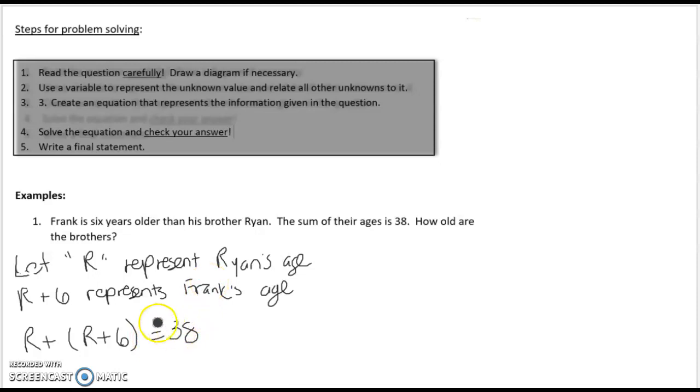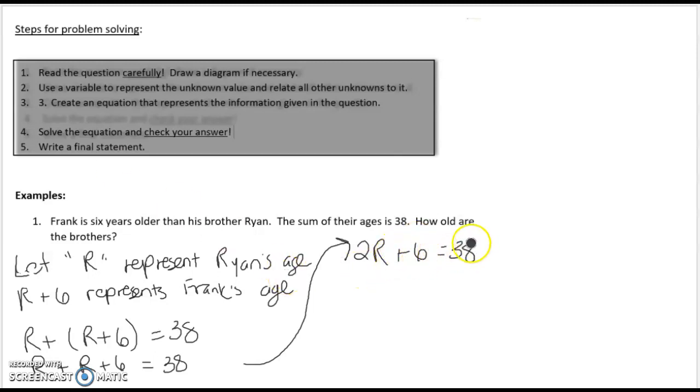Now, if we collect our like terms, we can write this without the bracket. So we're going to have 2 R's, because R plus R gives us 2 R's. And then we still have plus 6 equals 38.